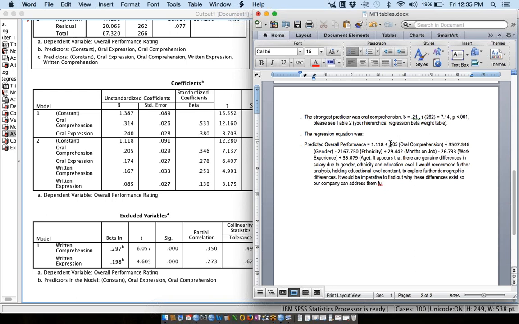And these are all going to be positive, so it's all going to be a plus. Plus 1.74, and this one is Oral Expression.